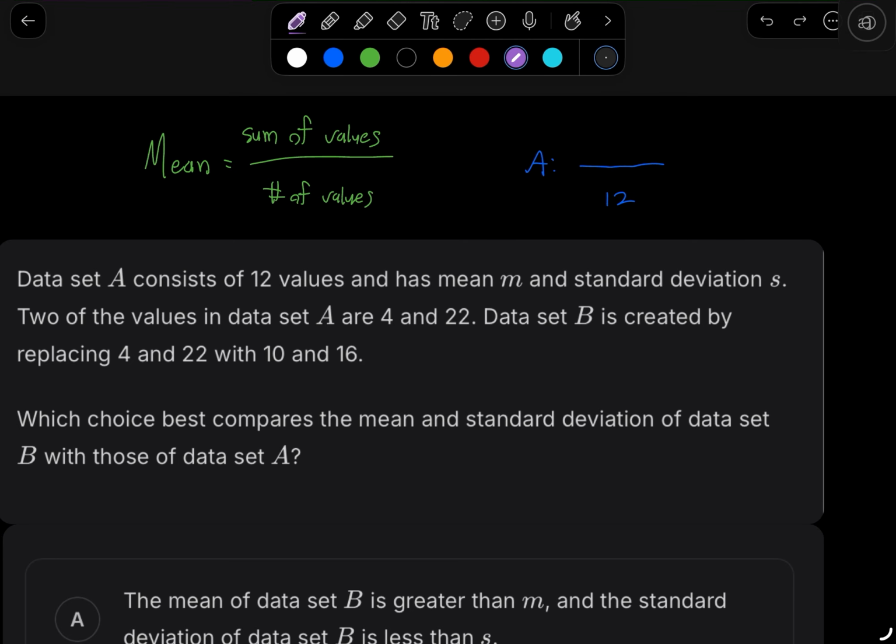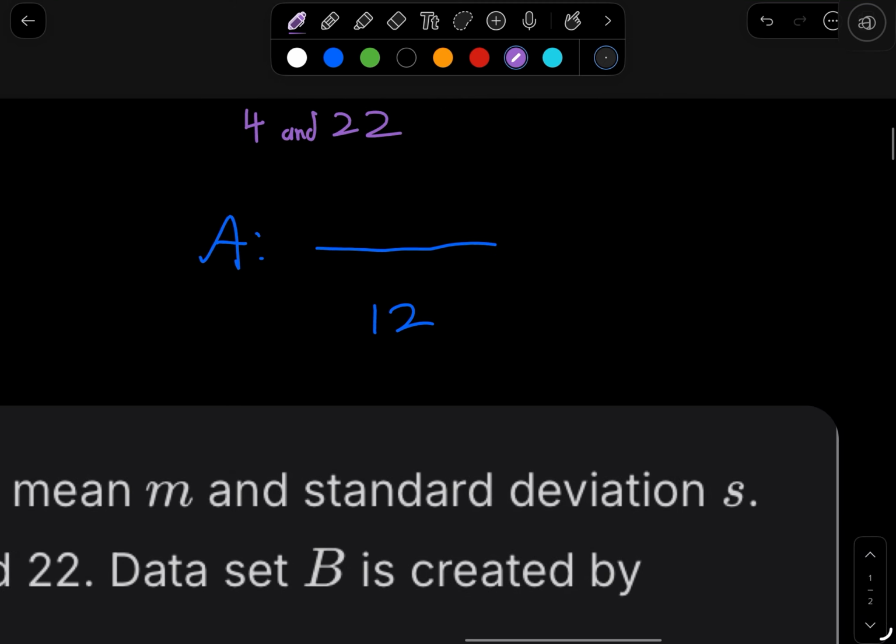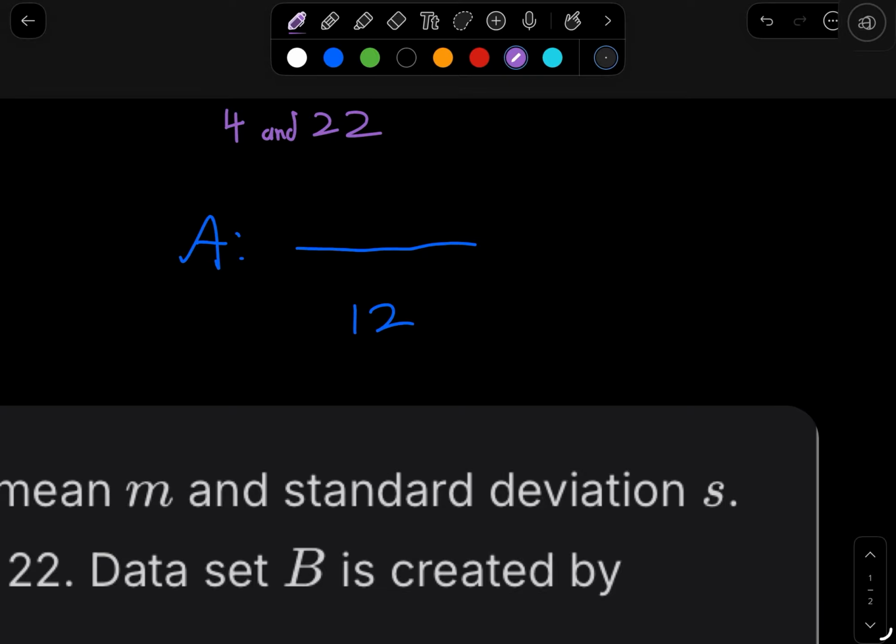represent it. So we know two of the values are 4 and 22, and we don't know the other 10 values. We don't know how much they add to the data set. So let's just call that, or actually, let's just write that as plus the sum of the other 10 values.